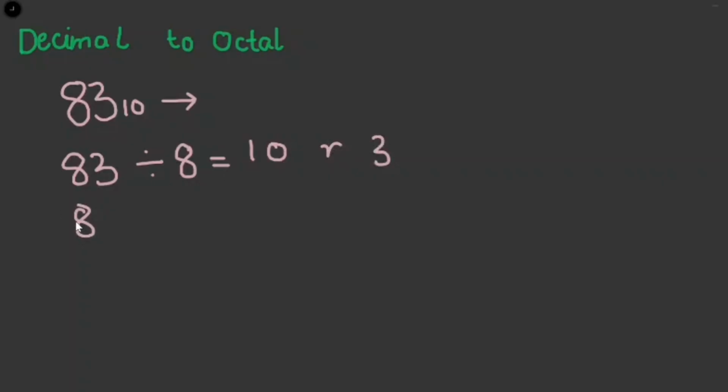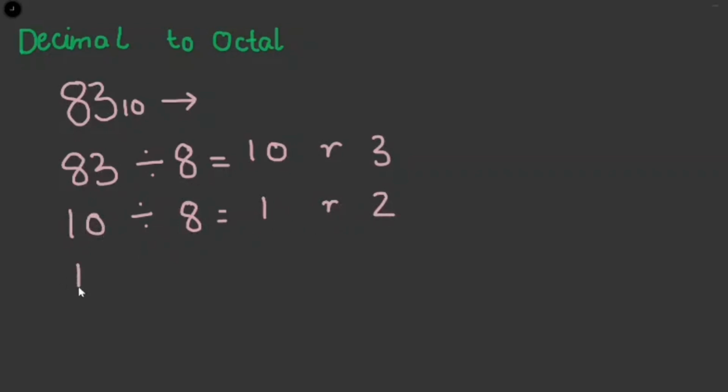Then we divide 10 because we got 10 here. Then we divide our 10 by 8, and 10 is not divisible by 8, but 8 is, so we divide 8 by 8 and we get 1, and 8 is 2 off from 10, so our remainder would be 2.